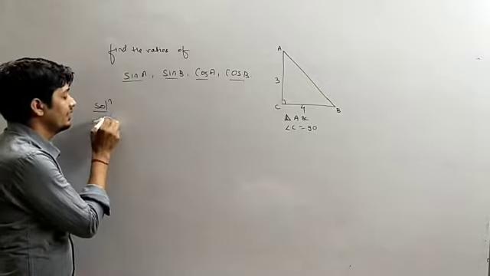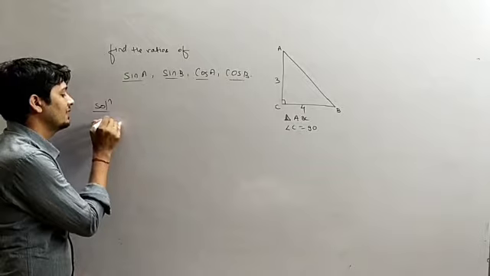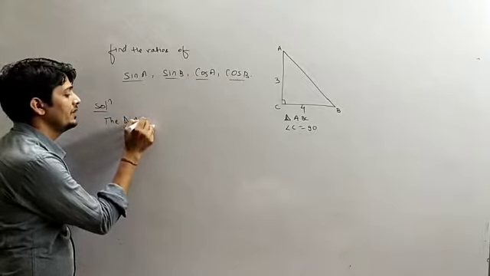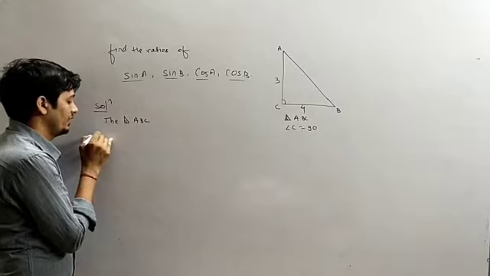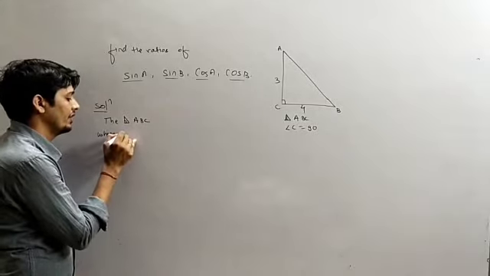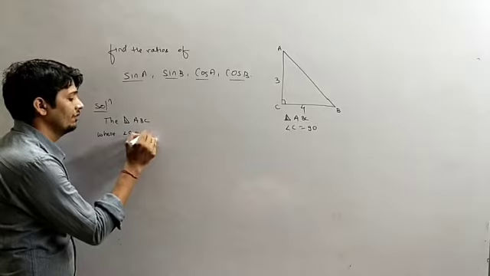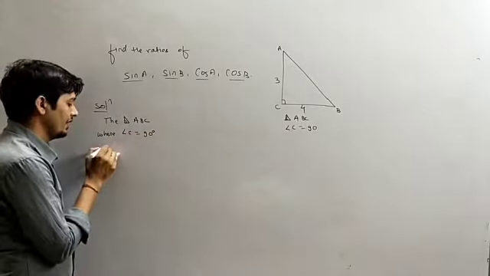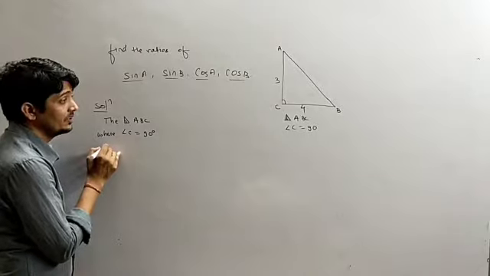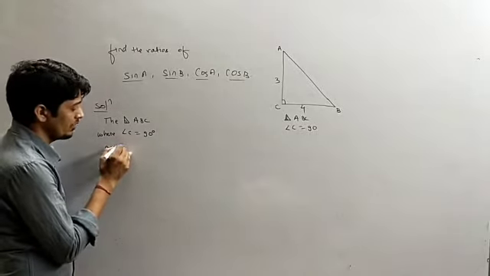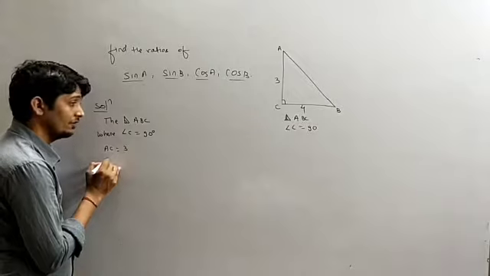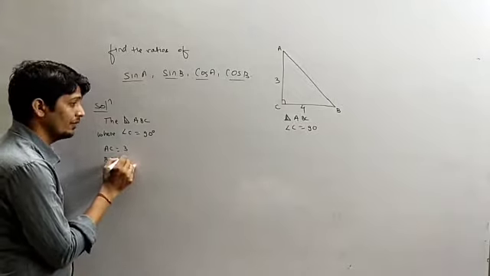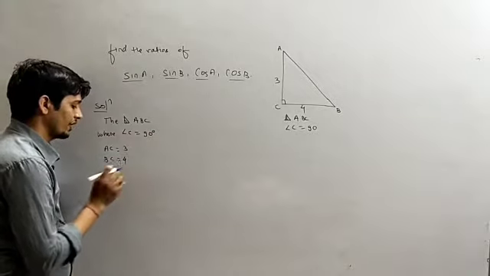What is given? It is the right angle triangle ABC, where angle C is of 90 degrees, and the measure of AC equals 3, and the measure of BC equals 4.